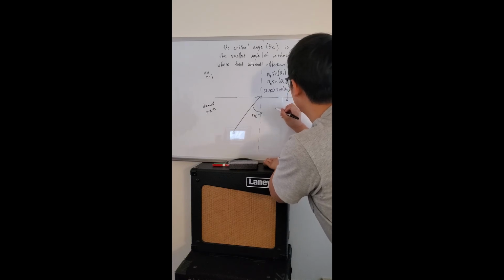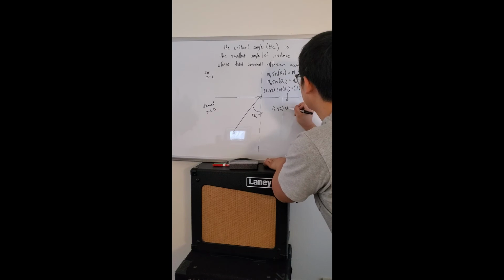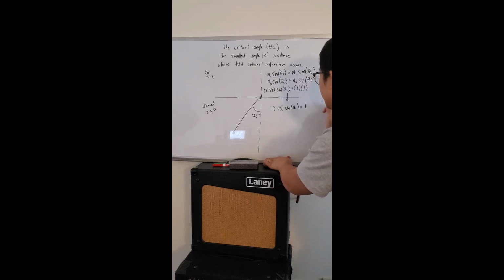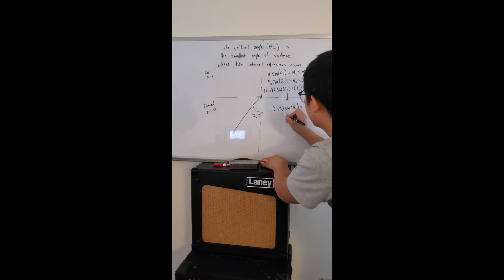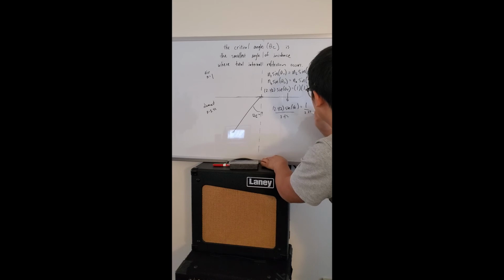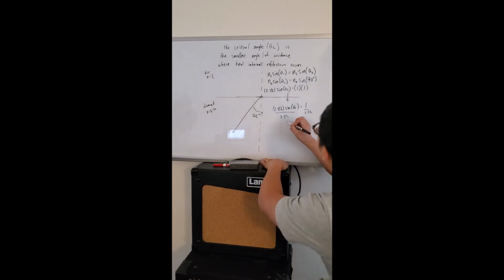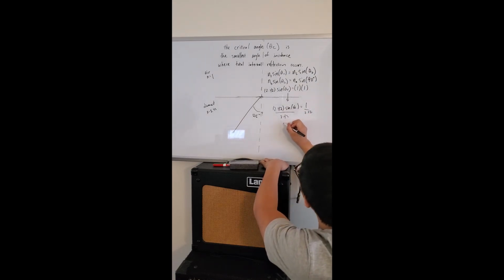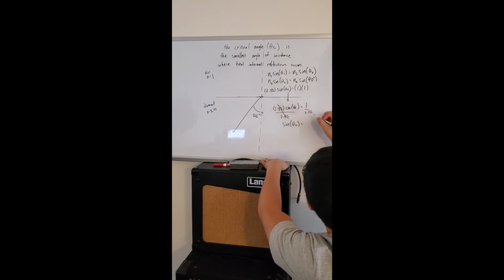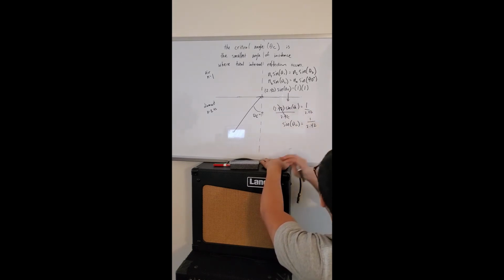So we get 2.42 times the sine of theta c is equal to 1. Great, beautiful. Now we're going to divide both sides by the 2.42 to get rid of the 2.42 on that side and isolate the variable that we want, and we end up getting the sine of theta c is equal to, these cancel out, 1 over 2.42.